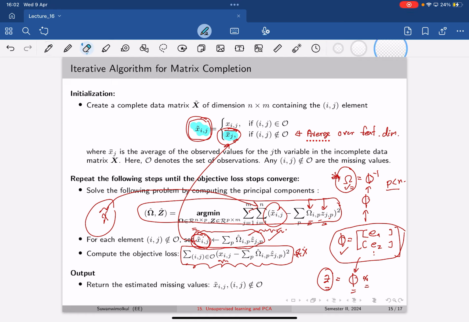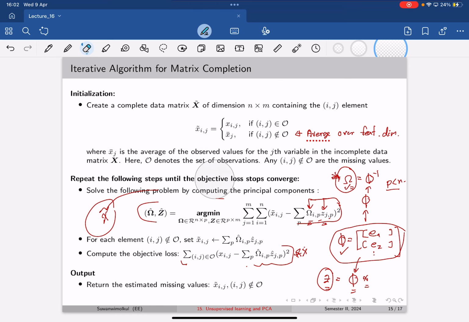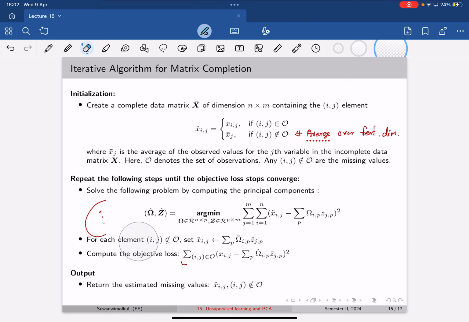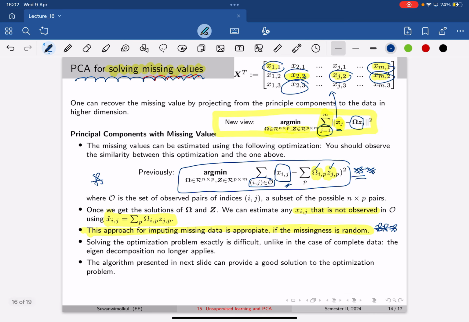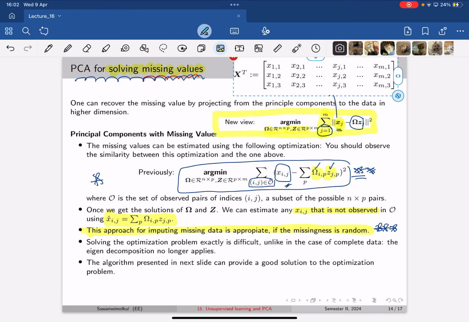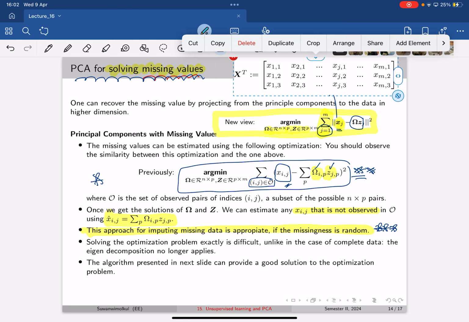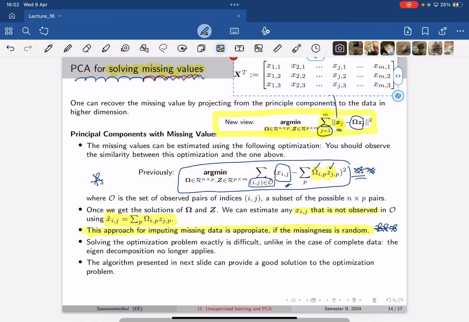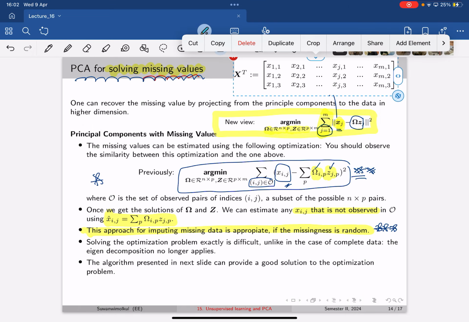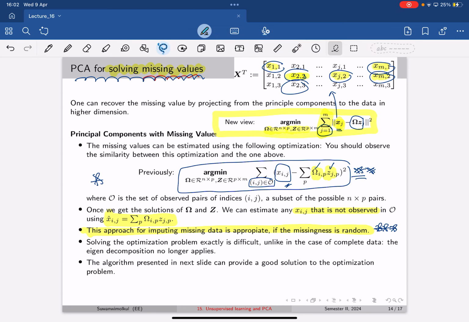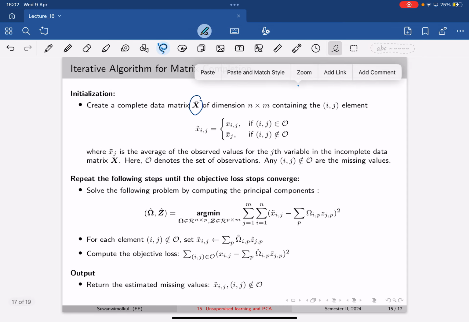But because now it's incomplete in this case, we have to use an iterative method for matrix completion. So yes, that will be our last algorithm for today. In this algorithm, we will first initialize the X matrix. You can think of this X tilde matrix as this X matrix that contains some missing value.